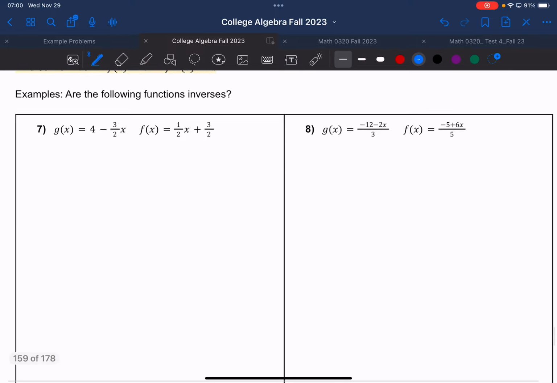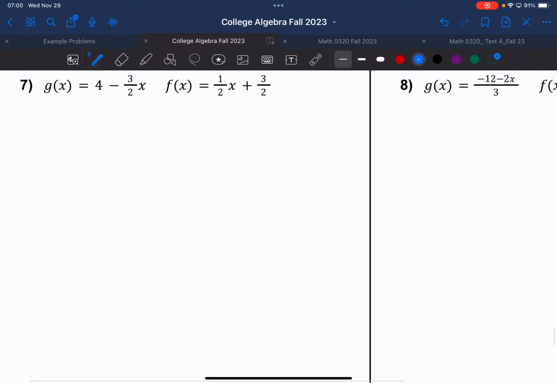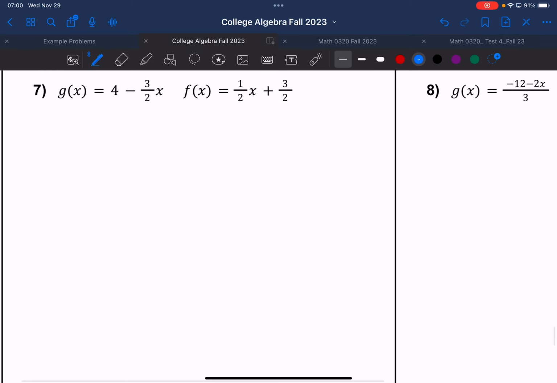So we have two functions for number 7. We have g of x and f of x. So we're going to go ahead and start off with that first function, g of x. I'm going to rewrite it here. And remember, g of x, f of x, h of x, all of those represent what variable?